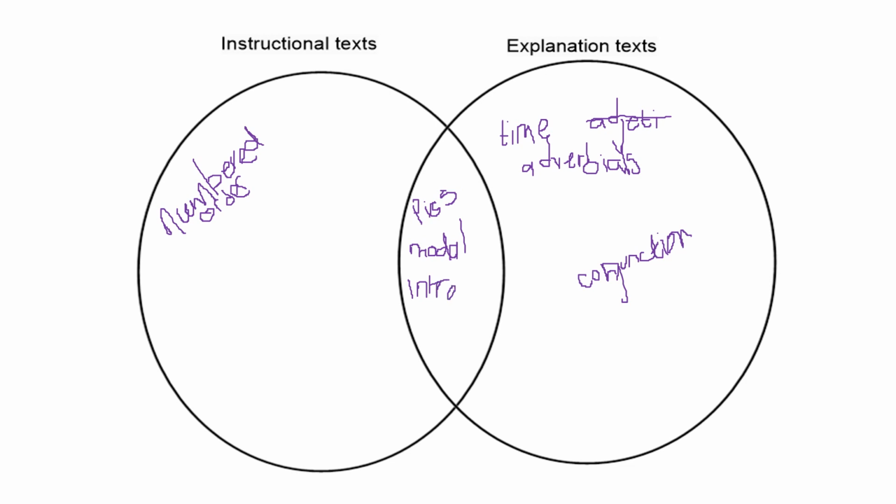An instructional text has a what you need really, really clearly at the top, whereas an explanation text does have a what you need, but it is within a paragraph, so it's not a bullet point list. So there's some similarities and differences within the two.